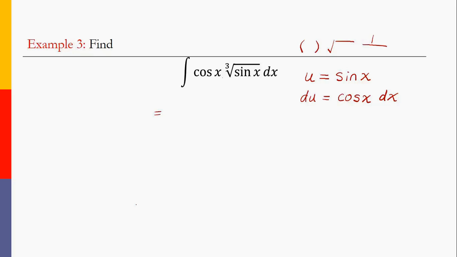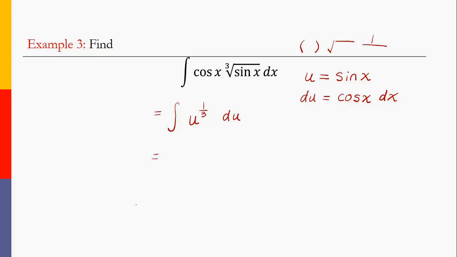Now we rewrite the integral in terms of u. Cosine of x dx will change to du, and third root of sine of x will become u to the 1/3 power.